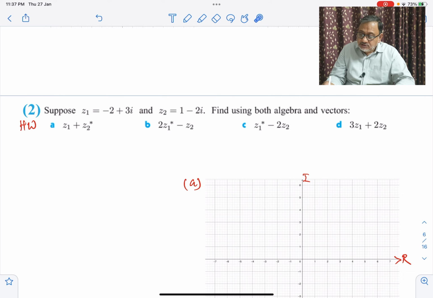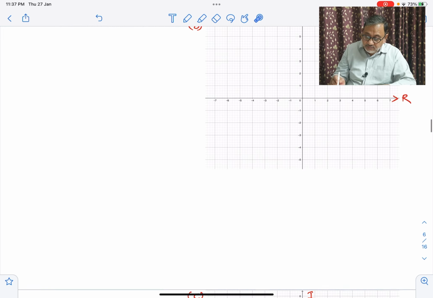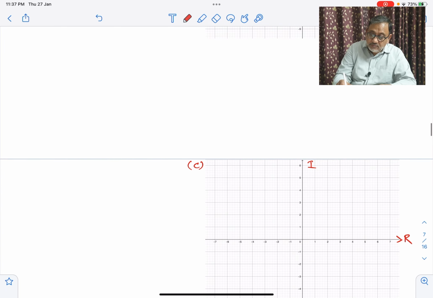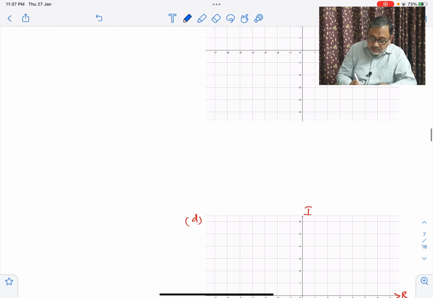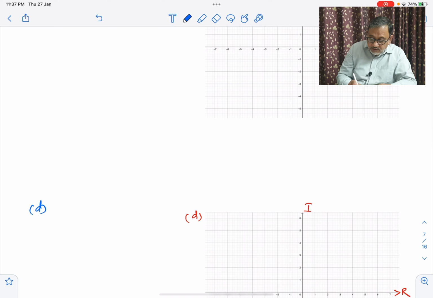Look at this, 3Z1 plus 2Z2. Let me show this here, D part. Minus 2 plus 3i is Z1, right?